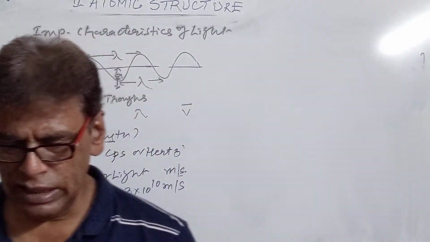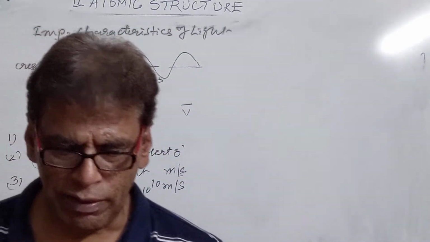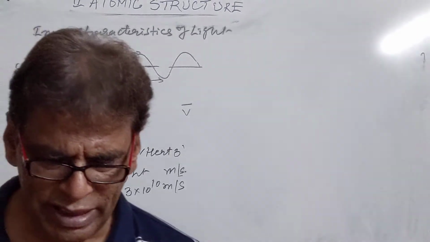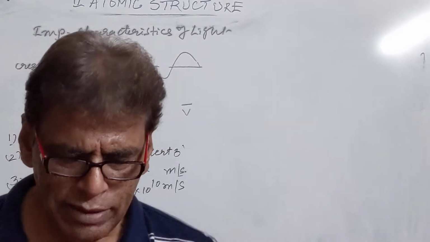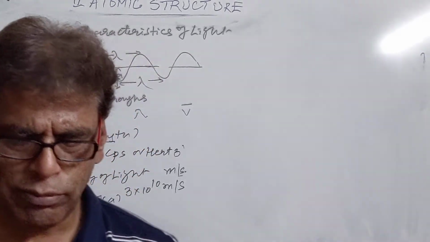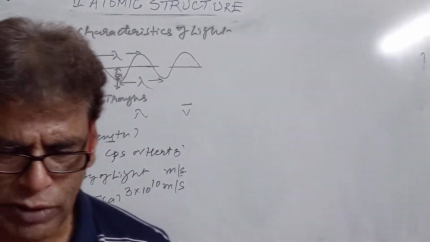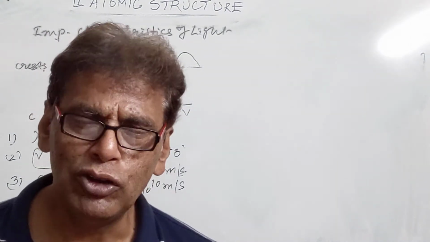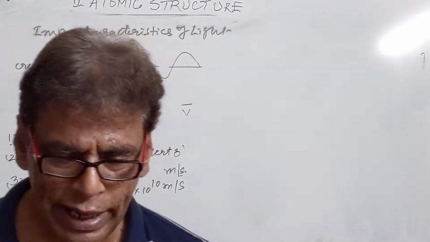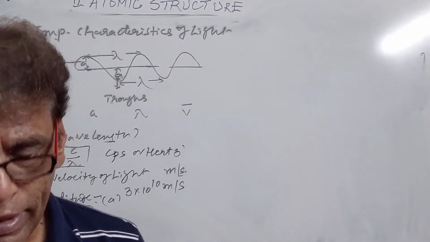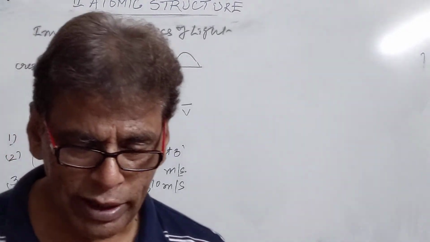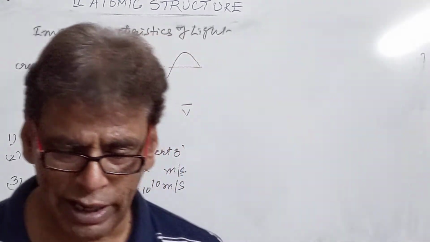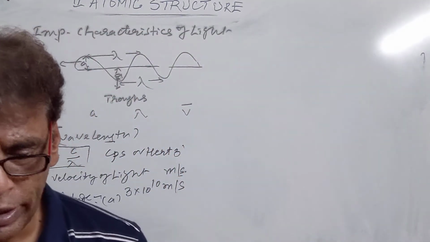So after discussing the characteristics of light, we come to a few other important definitions. Now what is black body radiation? A black body is a perfect absorber, we know, or emitter. When a black body is heated, it absorbs the heat energy, and it first becomes red and then yellow. Finally it tends to glow with a white light or blue light.